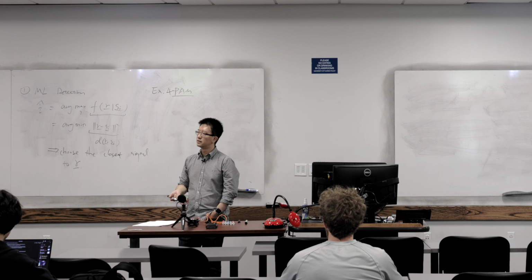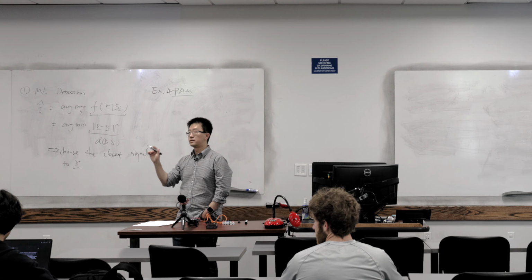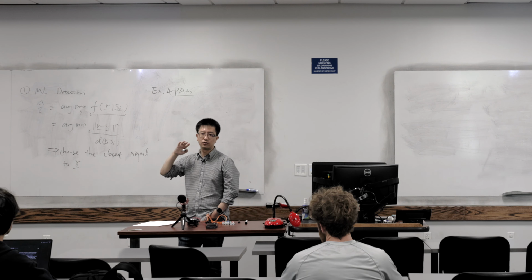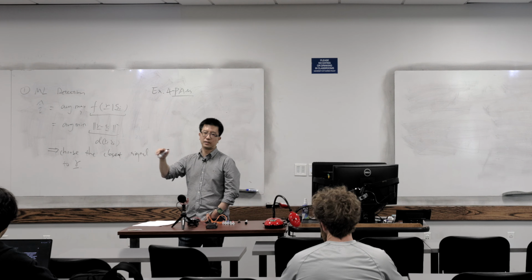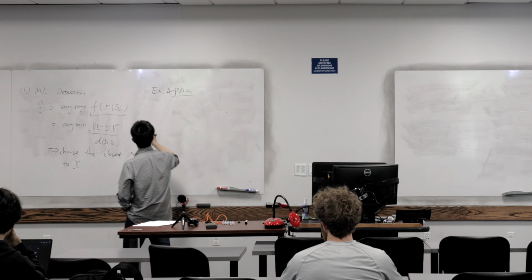We have 4 signals, but the number of base functions would be just 1 in our case, because all the signals align in a line. Okay, so let's see in detail how it works.